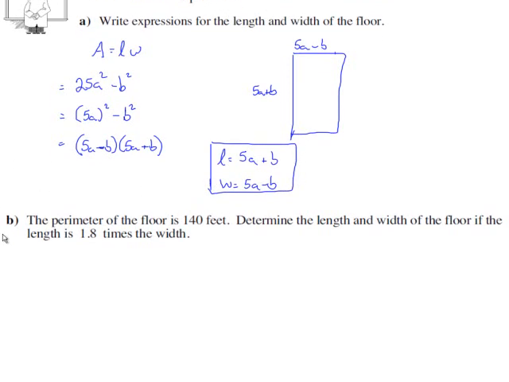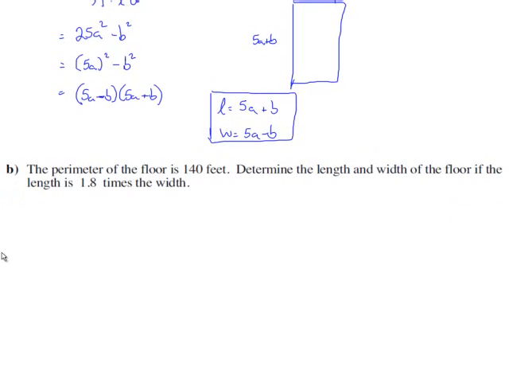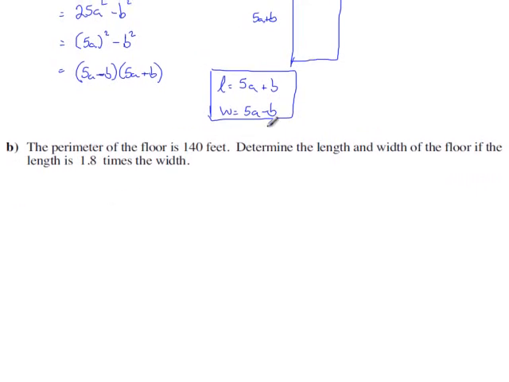Now for part B, the perimeter is 140 feet, and the length is 1.8 times the width. So they've given you two separate pieces of information here, which you'll need to use. Let's look just at the perimeter. If you're calculating a perimeter, what do you need to do? You need to add up the lengths of every side. So you have two lengths and two widths.